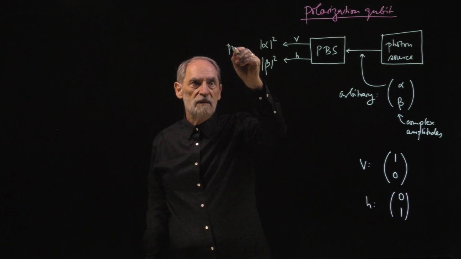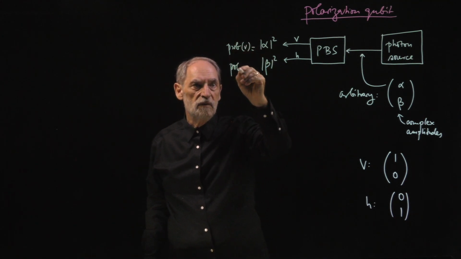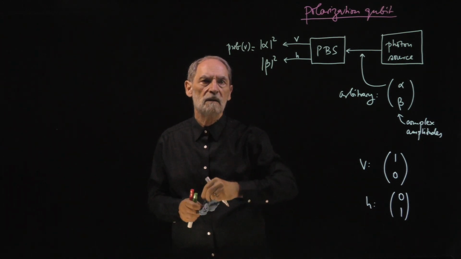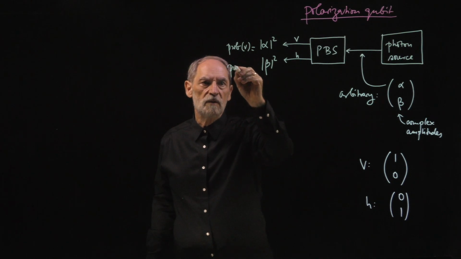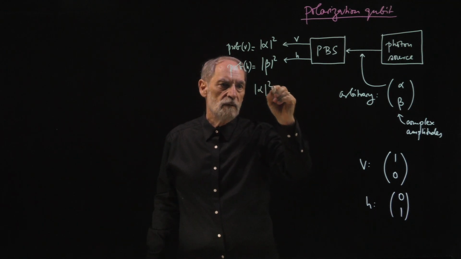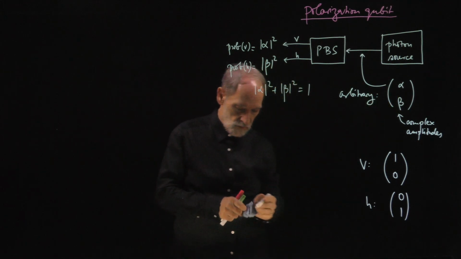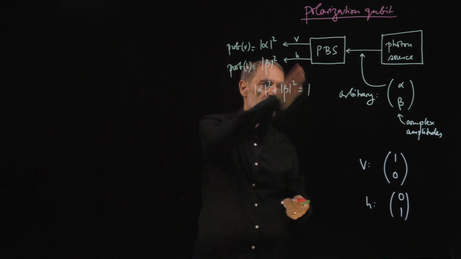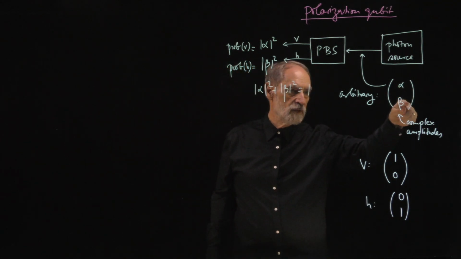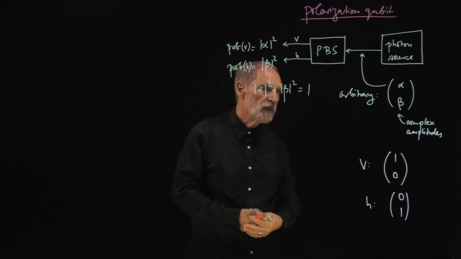And since we want these probabilities to be normalized to unit sum, because one of the two is always the case, we agree on using normalized columns for the description of these photons. So by convention, alpha squared plus beta squared is equal to 1. That's not absolutely necessary, but it's just convenient.